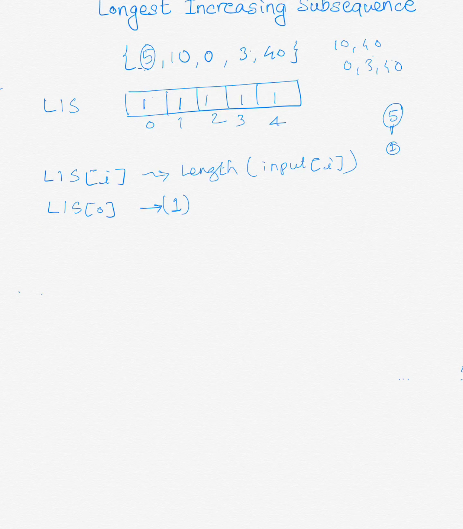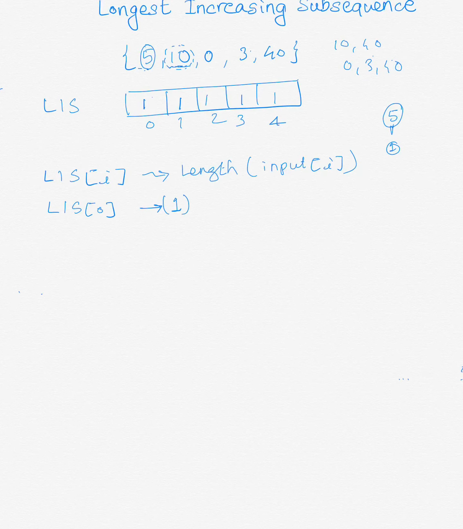So all we have to do is find, at every index, the length of the longest increasing subsequence that ends with that element. When we move on to the next element in the array, that is 10, we have to find the length of the longest increasing subsequence which ends with 10.